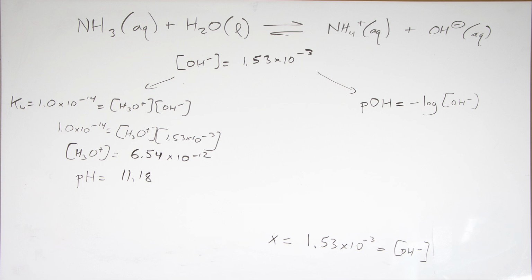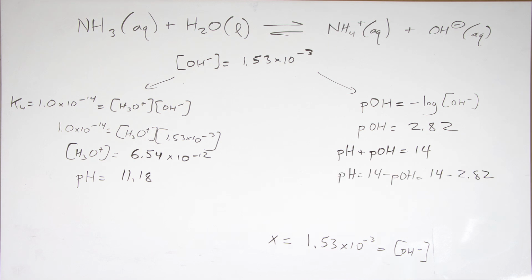So in this case, the pOH is just the negative log of that initial hydroxide concentration. That is 2.82. That relationship I was talking about, the pH and the pOH together have to add up to 14. So if I have one, I can subtract that from 14, get the other. Unsurprisingly, it's exactly the same number.